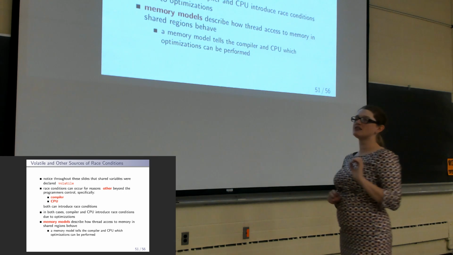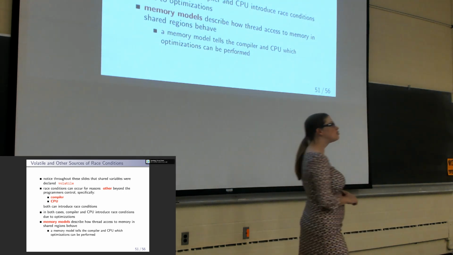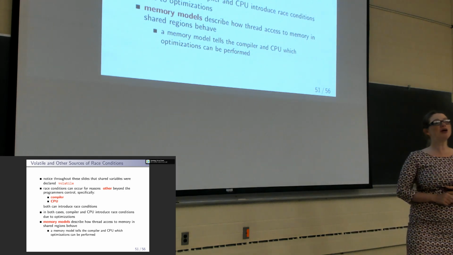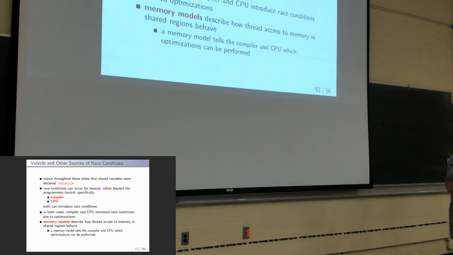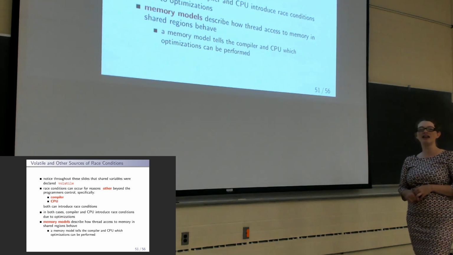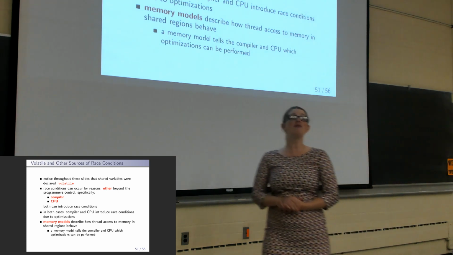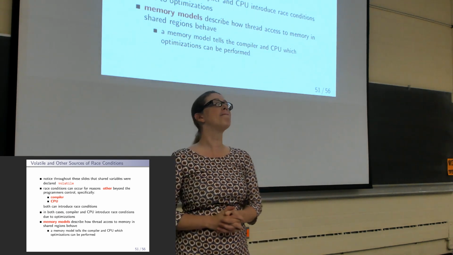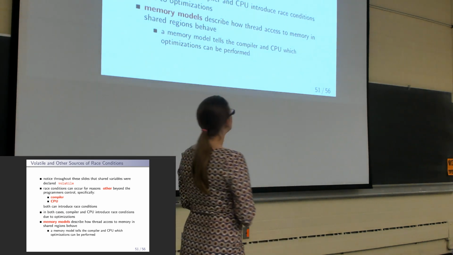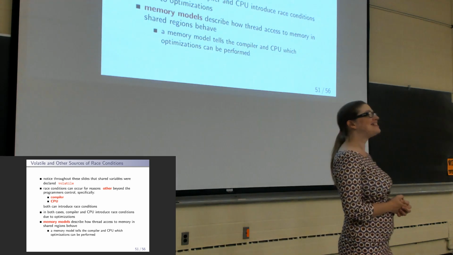The latest versions of C and C++, the latest versions of Java, all have something called a memory model. What the memory model is, it is describing how threads have access to memory inside of a shared region. So inside any critical section, how do threads actually access the memory? And as part of the memory model, most languages actually provide their own built-in atomic functions. So they will have built-in locks or barriers that the compiler is now aware of.